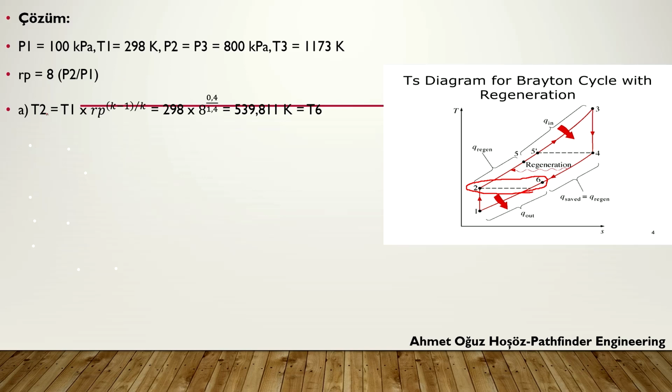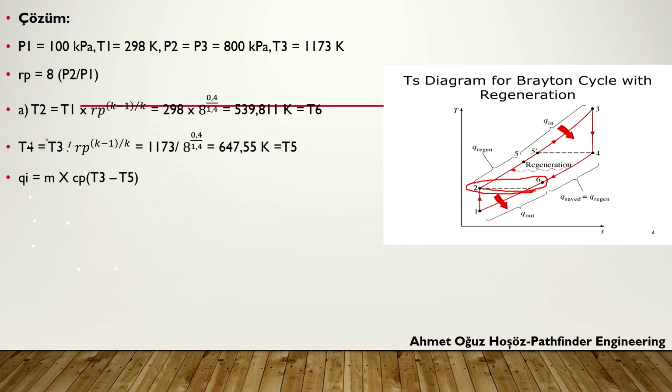We can easily determine T2 as rp to the power of (k minus 1) over k, times T1, which equals 539.811 Kelvin, and it will be equal to T6. They look different on the diagram, but they are the same value. It can be a little mistake in the diagram.